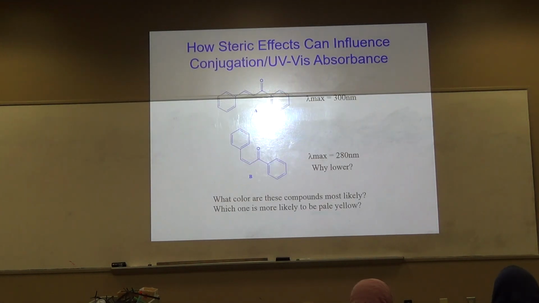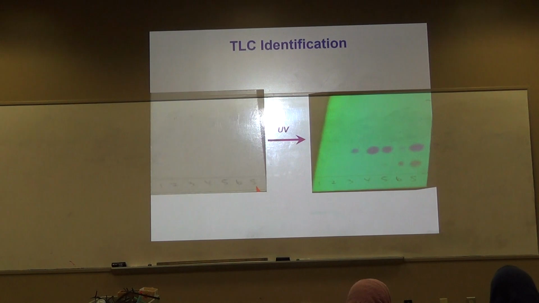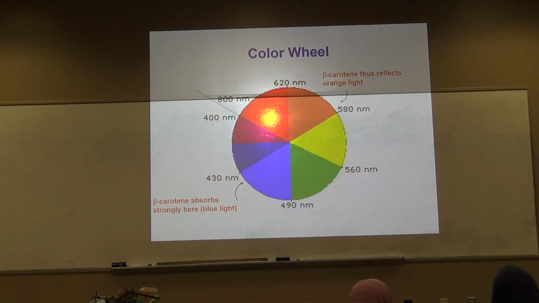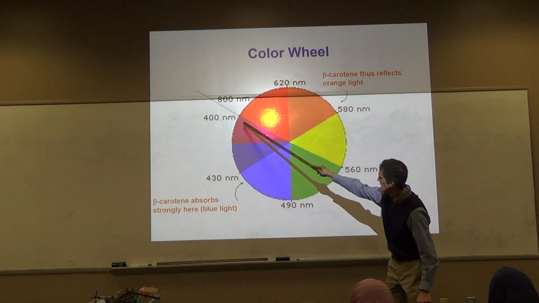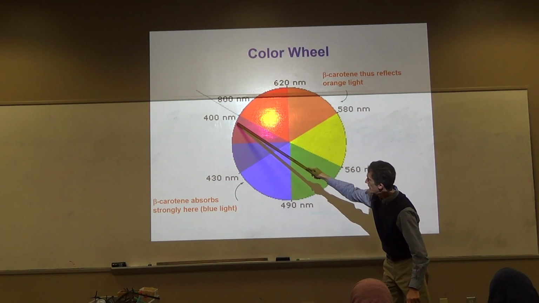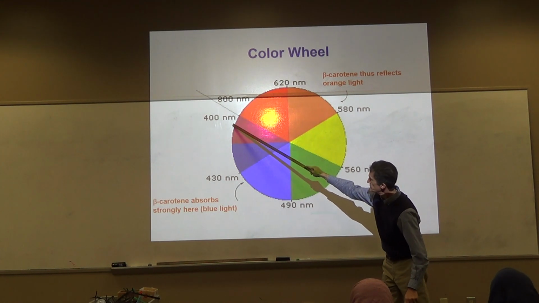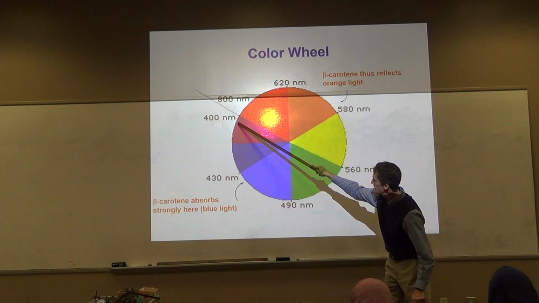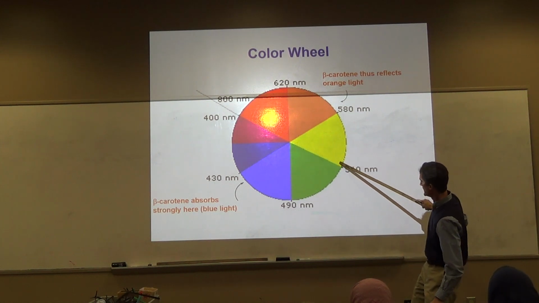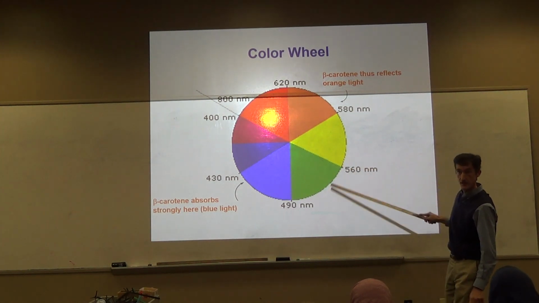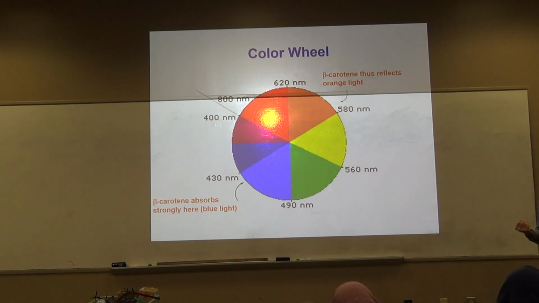The one at the top is more to the right, and thus I think more likely to spill into the visible region. And if you just barely spill into the visible region, you start absorbing what color? If you absorb this, what color will you be? You'll be yellow. But will you be a deep yellow or a real pale yellow? If you're only absorbing a little bit, you're just going to have a little bit of color. Okay?